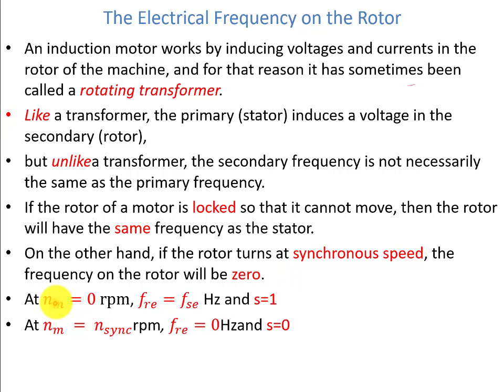So we can summarize here that at Nm equal to 0, when the motor is stationary, the rotor electrical frequency will be the same as the stator electrical frequency, and the slip will be 1. If the mechanical speed Nm is the synchronous speed, the rotor electrical frequency will be 0 Hz, and at that point the slip will be 0.